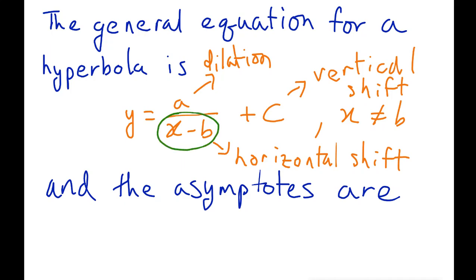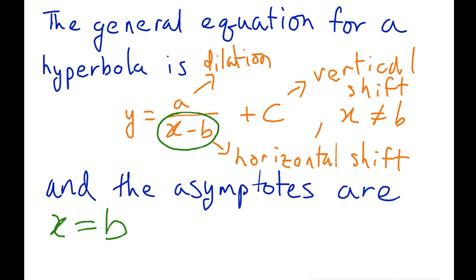Because that can't be equal to 0, we then have an asymptote, which is when that's equal to 0. So if you put x minus 2 equals 0, then we have an asymptote of x equals b.